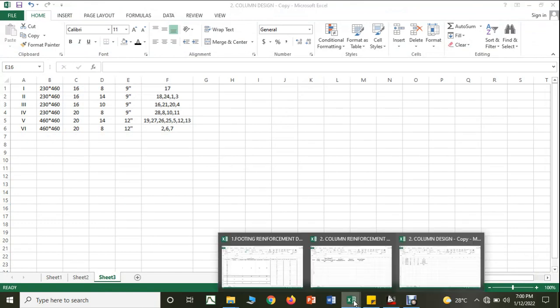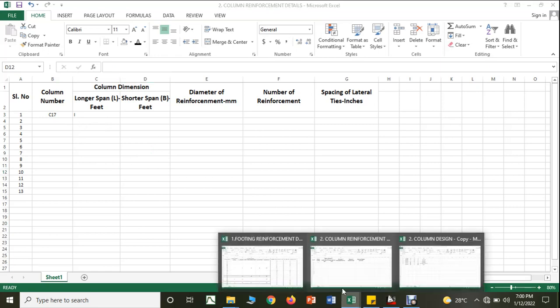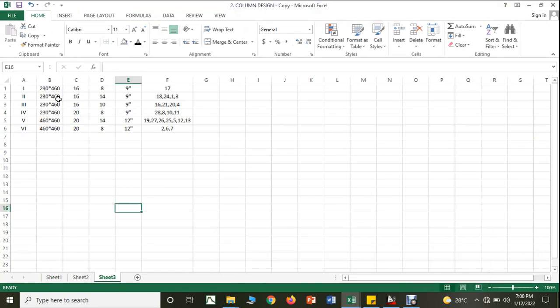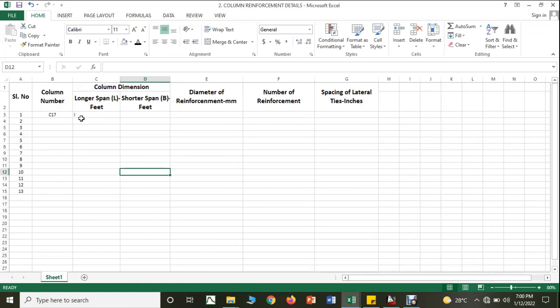So I can write the naming as column number 17, and this is the only group that I have, group number 1. What is its corresponding dimension? The corresponding dimension is 230 by 460 mm, that is a 9 inch by 1 feet 6 inch column.